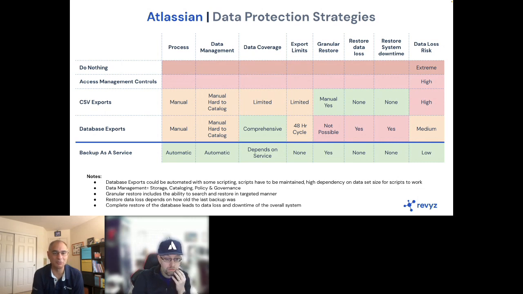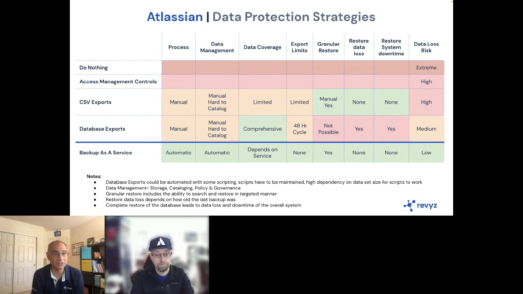The volume of data is sort of twofold: the number of issues across your entire Jira site, and the volume of attachments. I think those two would determine how long it would take to put data back into your existing site, or even into a different site.